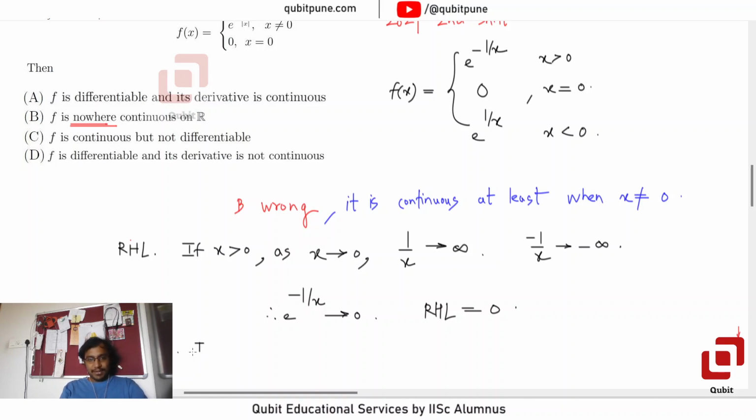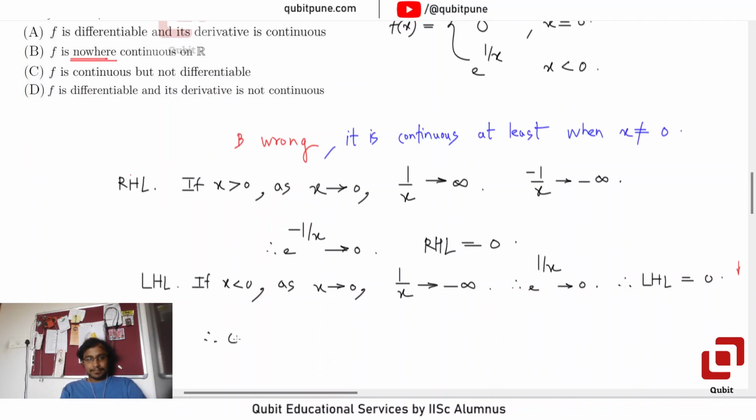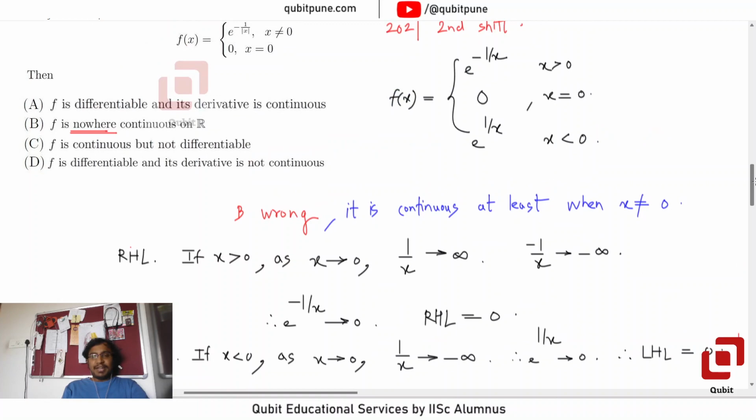Let us argue like this: if x is negative and x approaches 0, what will happen to 1 upon x? 1 upon x will clearly approach negative infinity, and therefore e raised to 1 upon x will approach 0. Therefore left hand limit will also be 0, so it is continuous everywhere. I don't see any problem regarding the differentiability of this function at non-zero values.